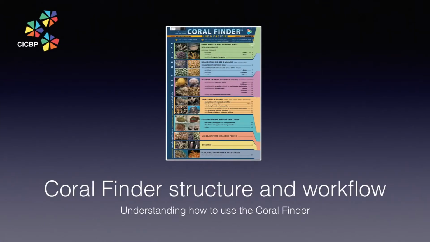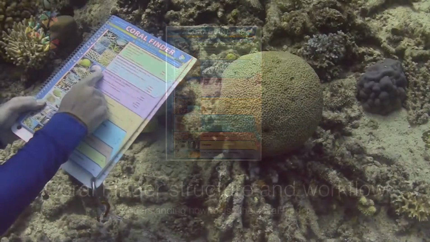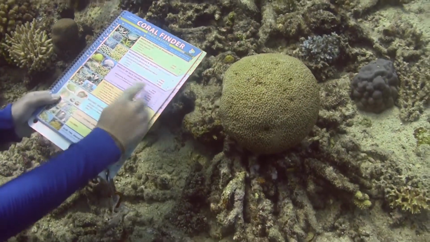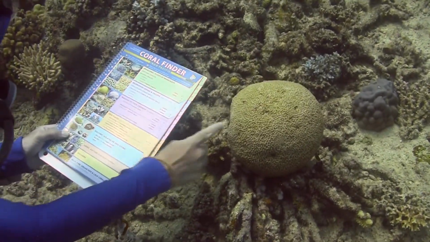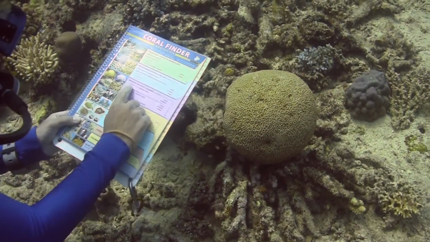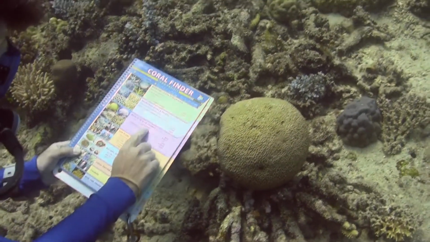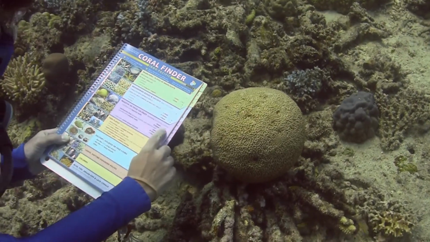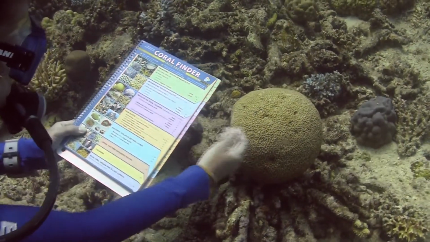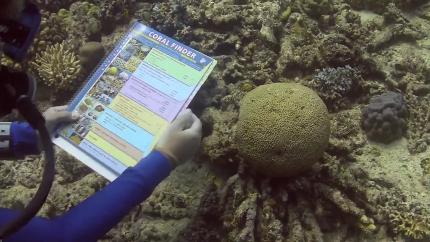The first thing to understand about the Coral Finder is that it is not a book that you read, so much as a tool that you interrogate. It's best to think of the Coral Finder not as a book, but as a visual decision tool. The idea is that you swim up to a coral and answer a couple of simple questions on the Coral Finder's cover page.